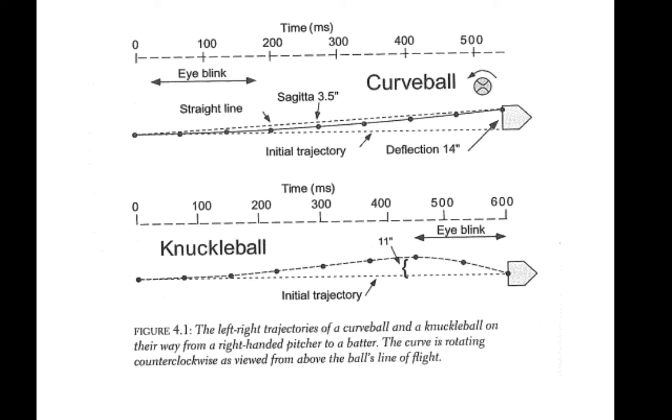And that causes the baseball to appear like it's jumping in a most amazing fashion, like it's breaking really hard. But in fact, it is breaking perfectly normally, just according to the principles of physics. The batter thinks that it's breaking very quickly right at the end, but in fact, that's not the case at all.